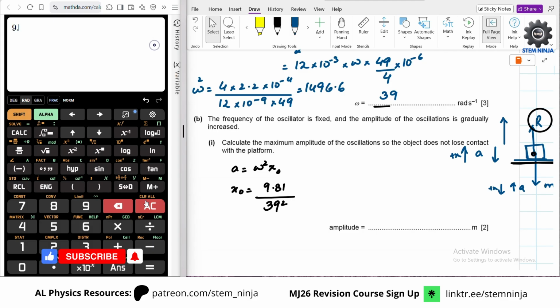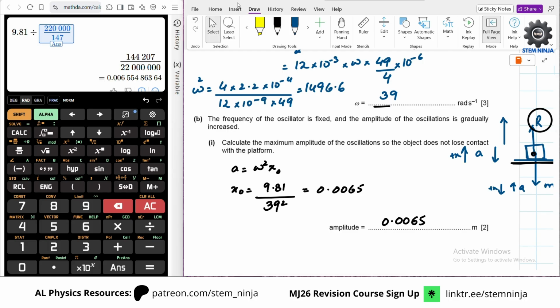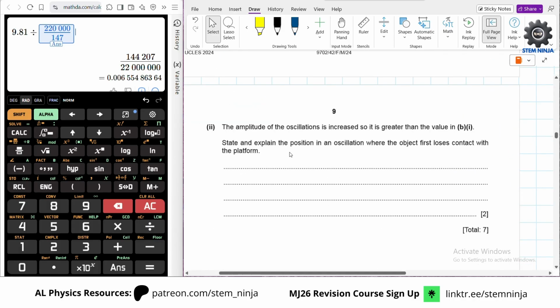So this is 9.81 divided by the answer. So basically 0.0065 meters. Right, okay, moving on.